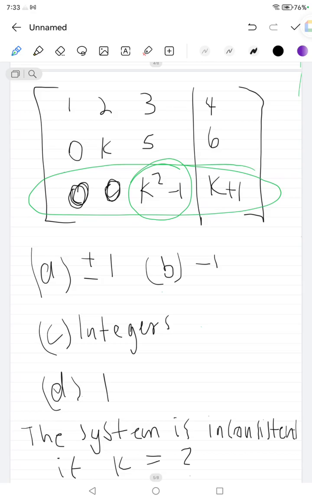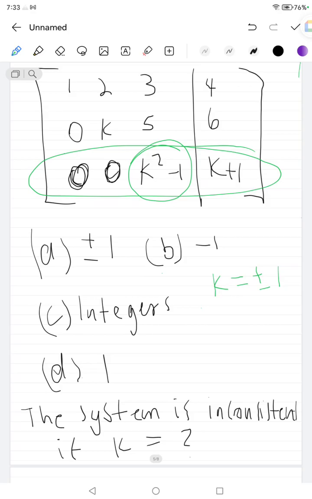We have k equals plus or minus 1, but now we have to check that if we input minus 1 on this side, we get a 0.